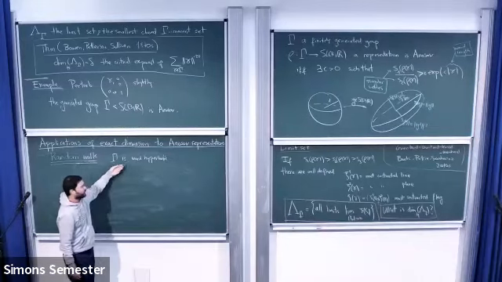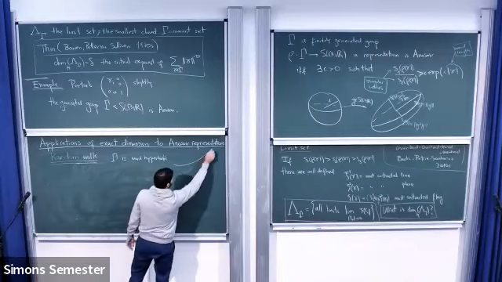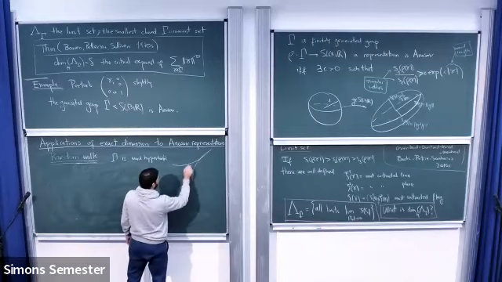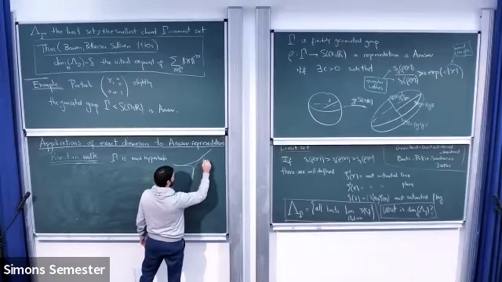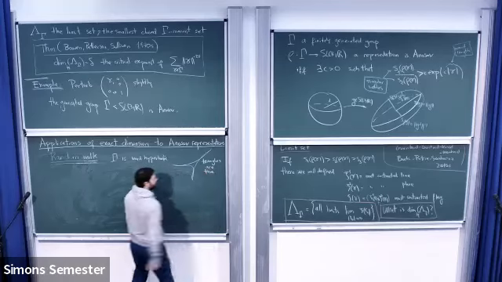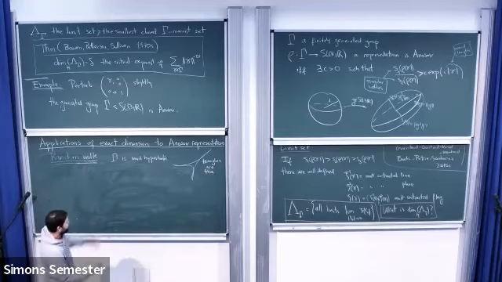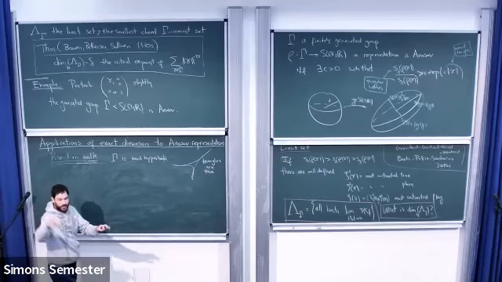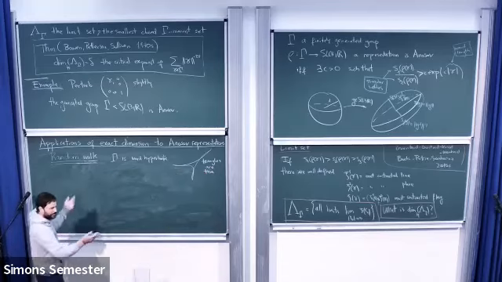Word hyperbolic means it's tree-like. The formal definition is that the triangles are thin. So if you have a geometric triangle, you get a well-defined boundary, which in the case of the tree would be just the ends of the tree. So the infinite reduced words would be the boundary.